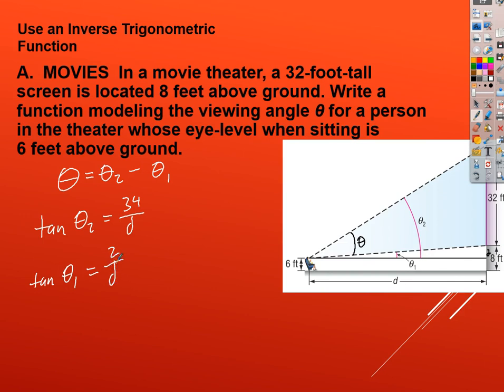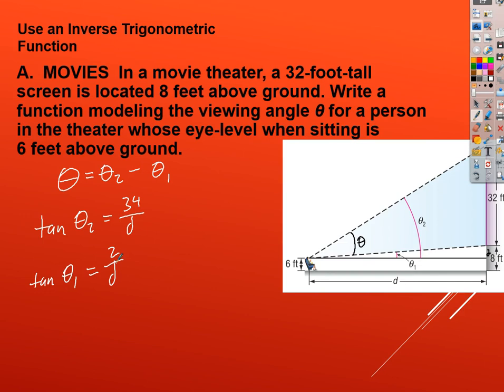Great. Well, how does that help me out? Well, this is where inverse tangent comes into play. Or inverse sine or inverse cosine, depending on the ratio I set up. In this case, it's tangent. How do I undo tangent? Because I want theta 2 all by itself so I can replace it in there.